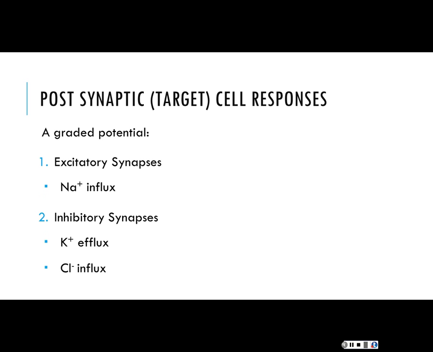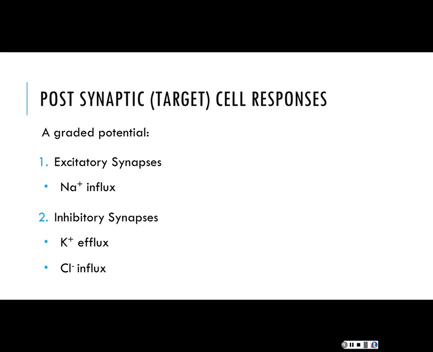We actually just kind of hinted at what happens when a target cell receives neurotransmitter. If we're looking at a nerve-to-nerve type of response, synapses can either be excitatory or inhibitory. Excitatory synapses are due to the influx of sodium. You guys correctly identified, what type of polarity change happens here? Depolarization.